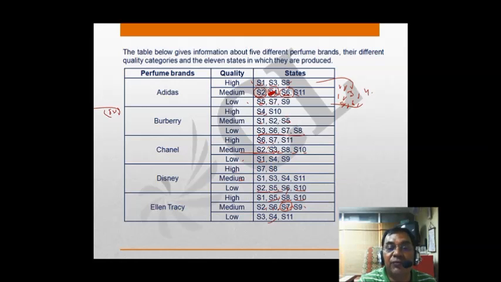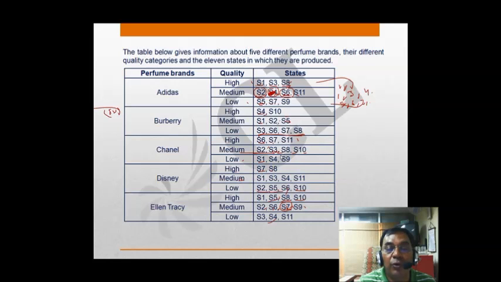7, S4, S10, high, S7 is there. Medium is there. And low I have to check. Low is here. So 7 gone. 8 high is there. Medium is here.